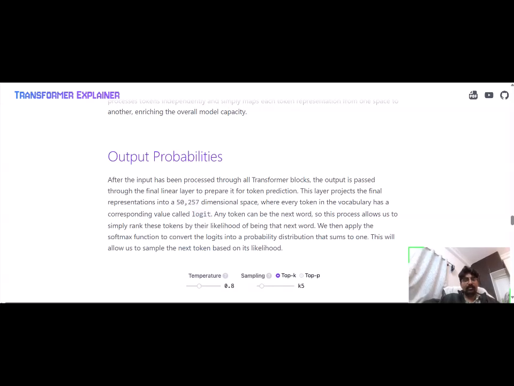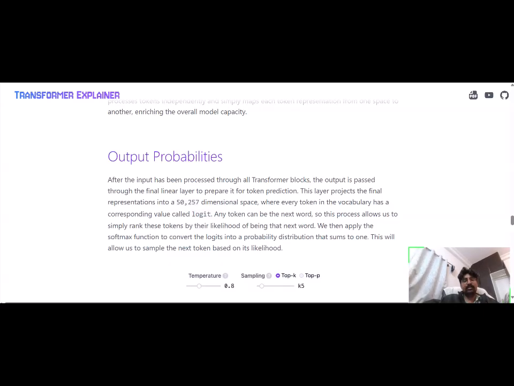Now the output of this MLP layer is used for token prediction. The final representations are projected into a 50,257 dimension space, where every token in the vocabulary has a corresponding value called a logit.